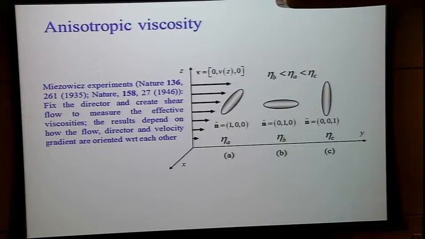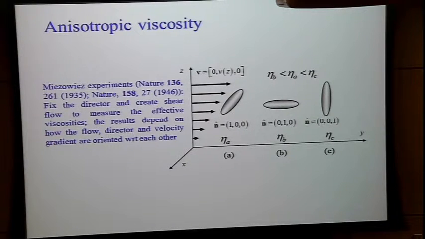You measure the refractive index, it's anisotropic. You measure dielectric permittivity, it's anisotropic. Viscosities are also anisotropic. And the first person to show it was Miesowicz, who was working, I think, in Krakow at the time and published 2 articles in Nature that measured the viscosity of the liquid crystal when there is a strong magnetic field that fixes the orientation of the overall director.